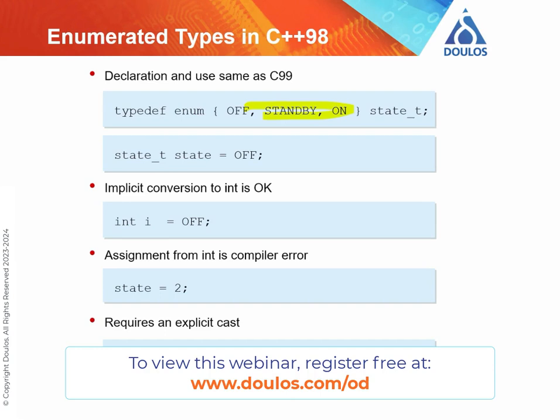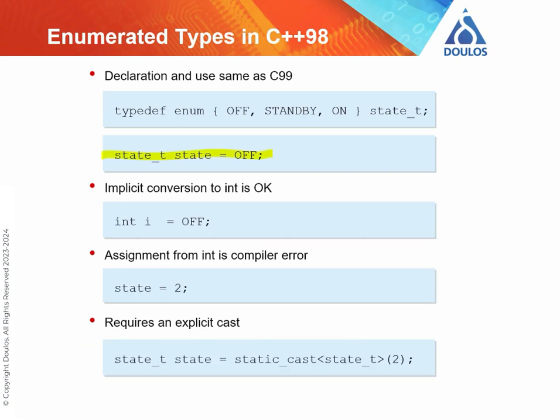Using enums is very straightforward. We can declare a variable of that enum type and then assign it a suitable enumerated value, and the compiler will check to make sure that the value we assign is part of that set.